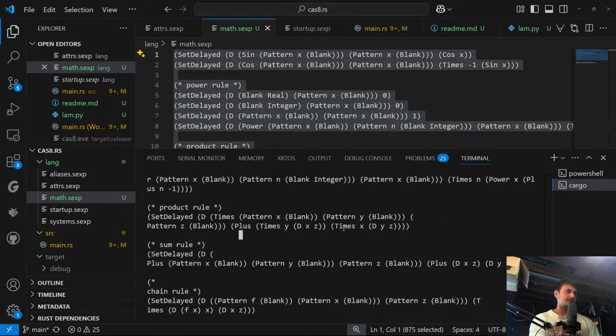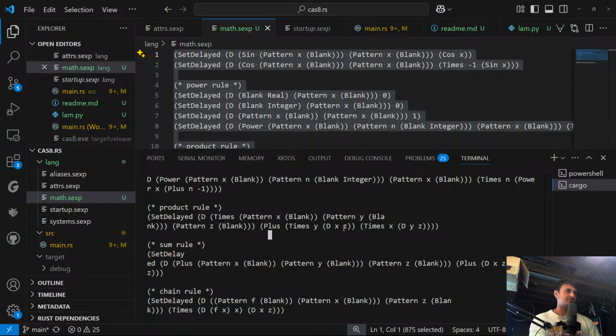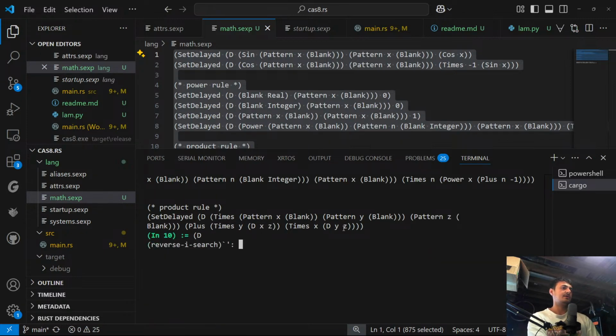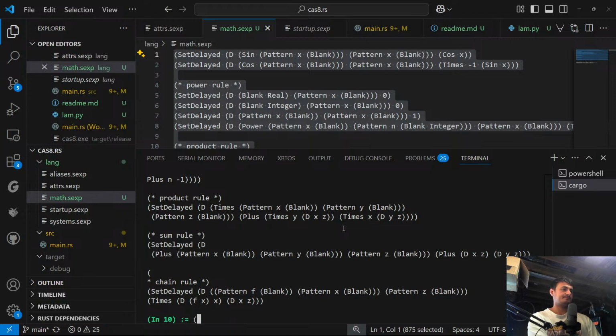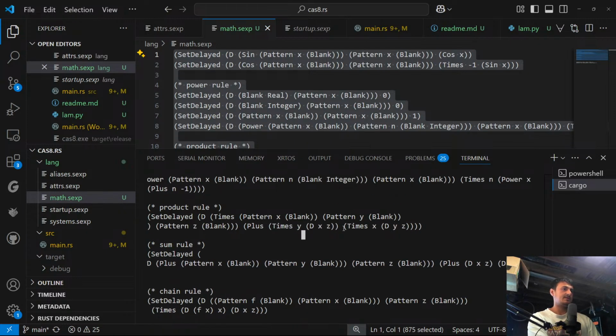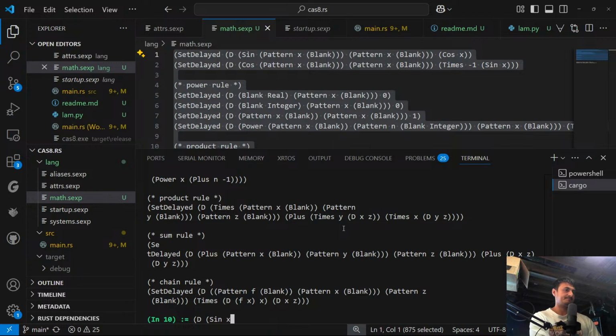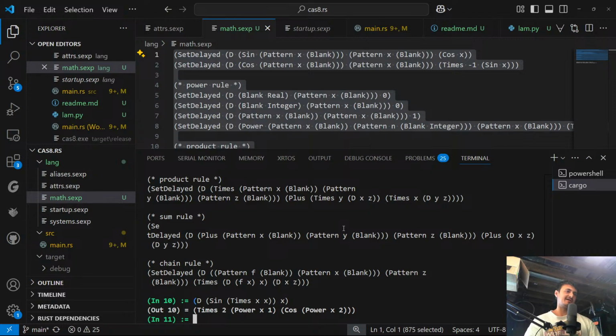Isn't there a way to page the previous results? Whatever. I think I do D sine, whatever. I don't care. Holy hell, dude. 2x, yeah.